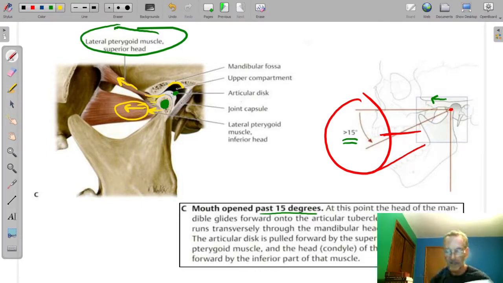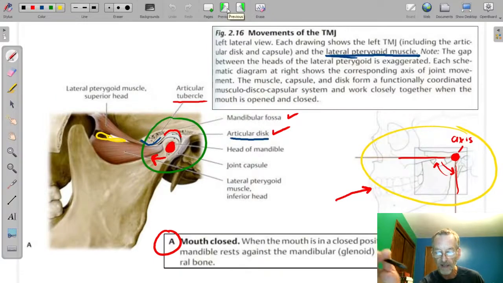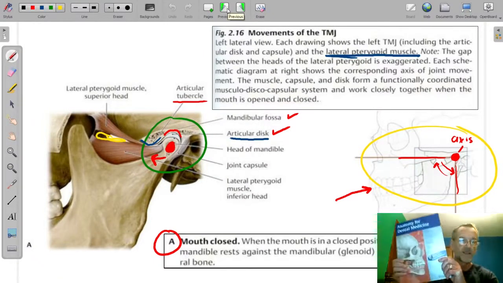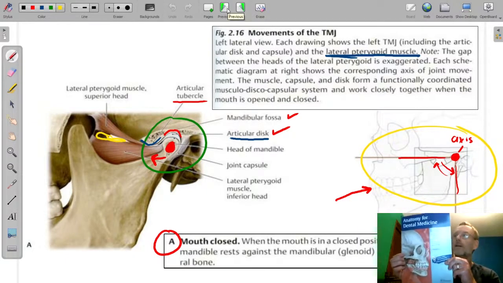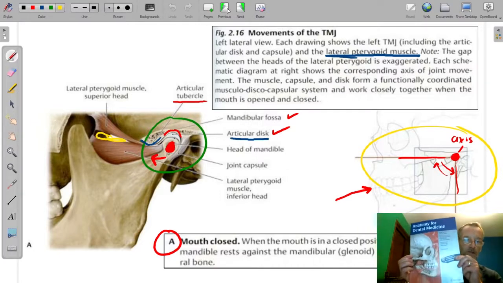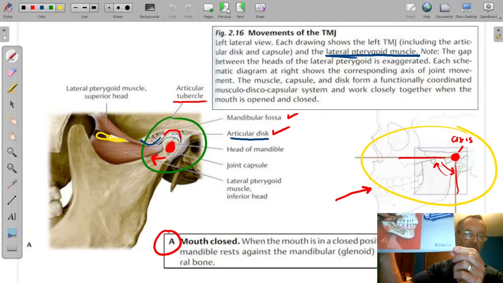Before I sign off, let me just take a moment to show you the textbook that this series of figures, these 3 slides, came from. If you like anatomy, this is a great book. They come in a number of different versions, but the publisher is TMJ.